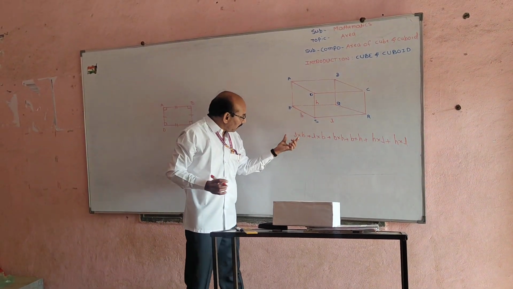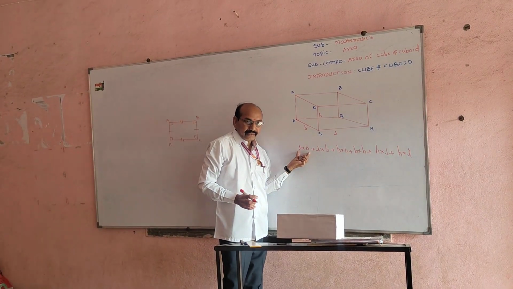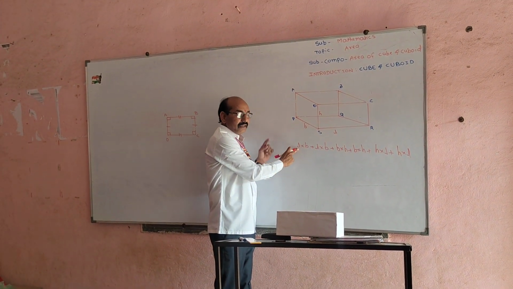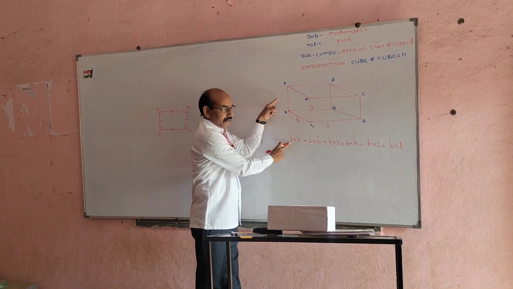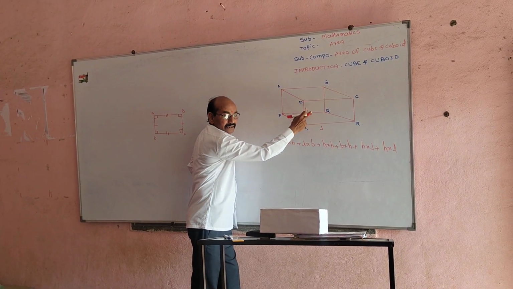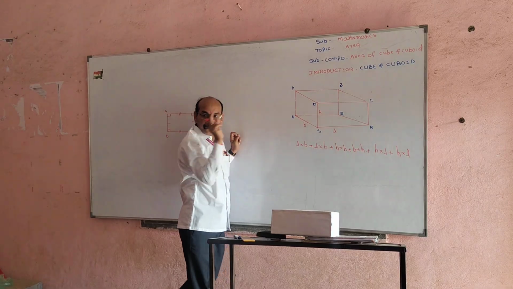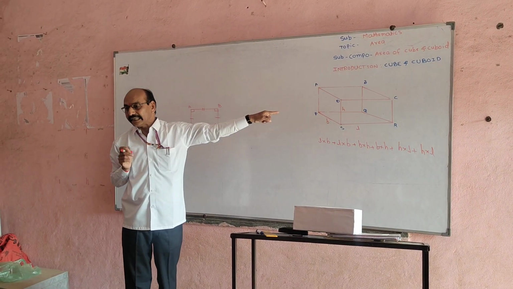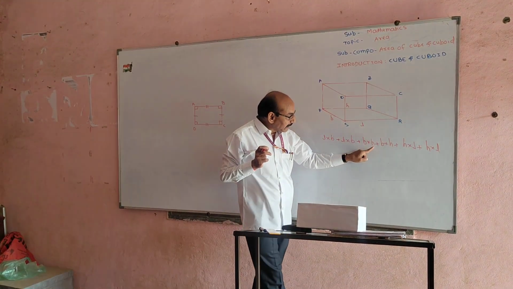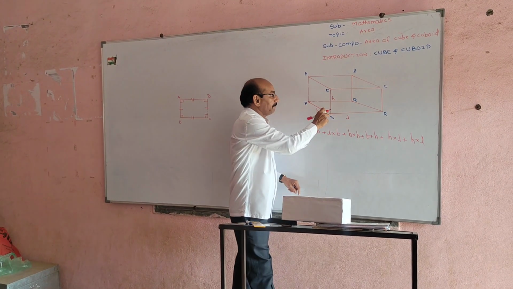Here L represents the length of the rectangle, B represents the breadth or width of this rectangle, and H represents the depth or height.